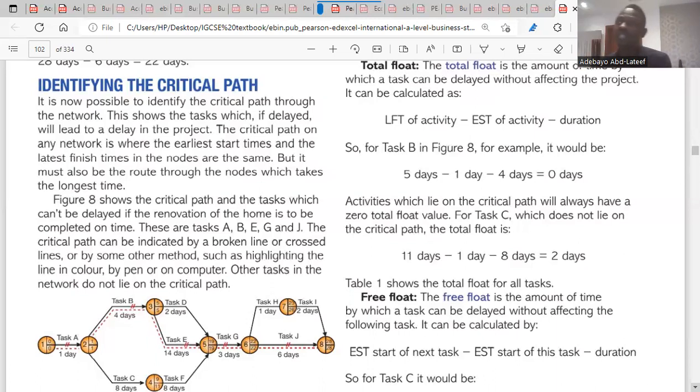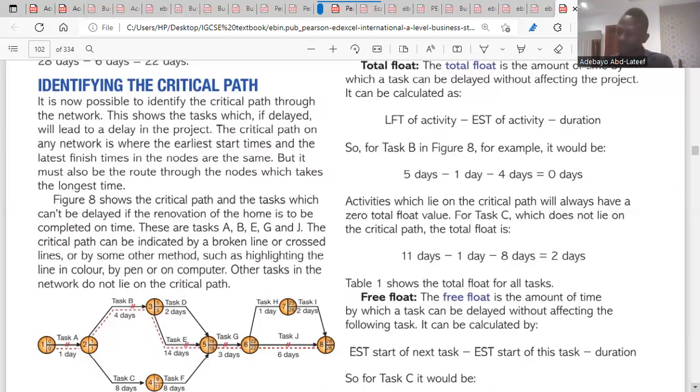If this task is delayed, what amount of time can we delay this task? The amount of time that we can delay this task so that it will not affect the project is what we call the float. Any question about float?